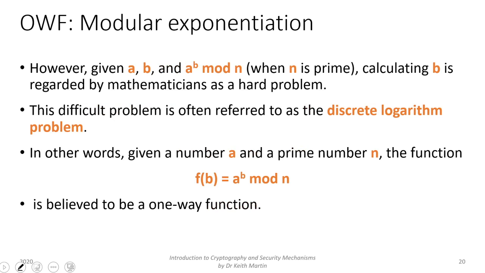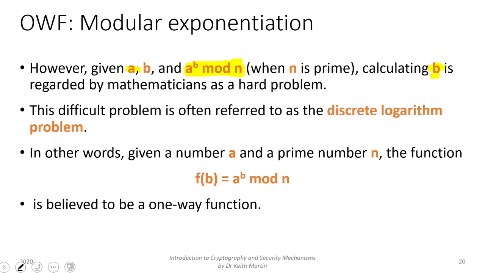So if we know a, b and n, calculating that modular exponentiation is easy. But if we don't know b, but we know the result of this calculation and need to calculate b, then that would be a problem.